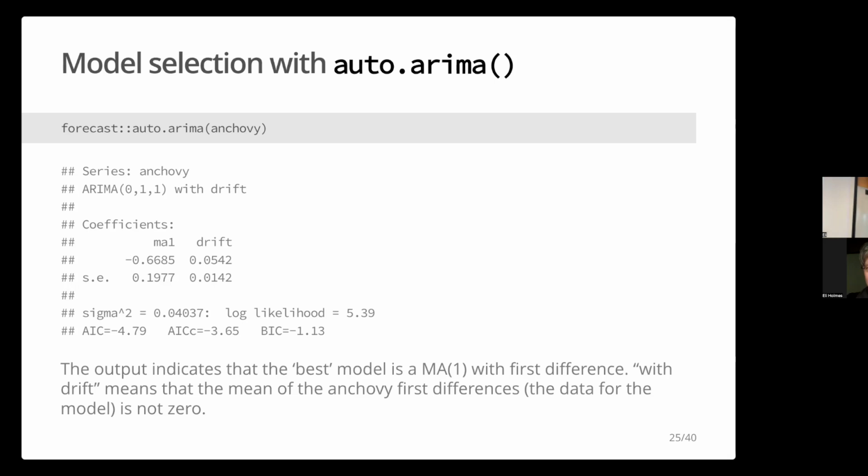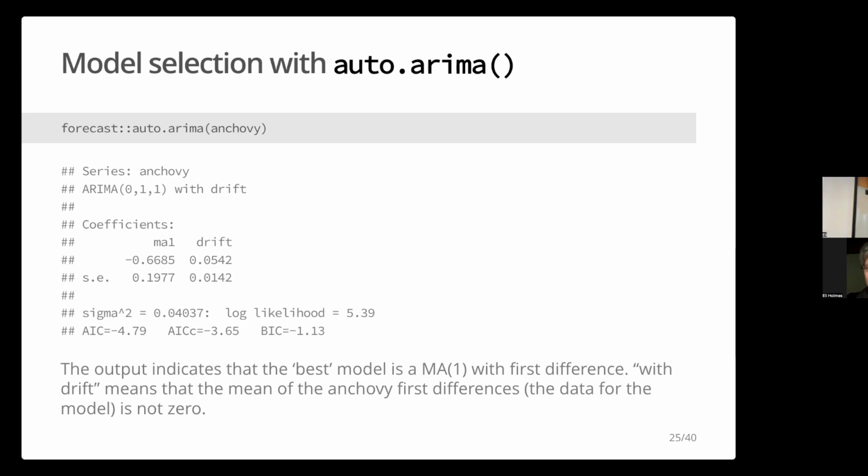Have your AI thing that you like open, copy that and say, tell me what this is, describe this, explain this to me. And it will do a really good job with explaining what this is. Because for certain types of model, drift might mean a linear trend, and for others, it's going to be a change in the mean.